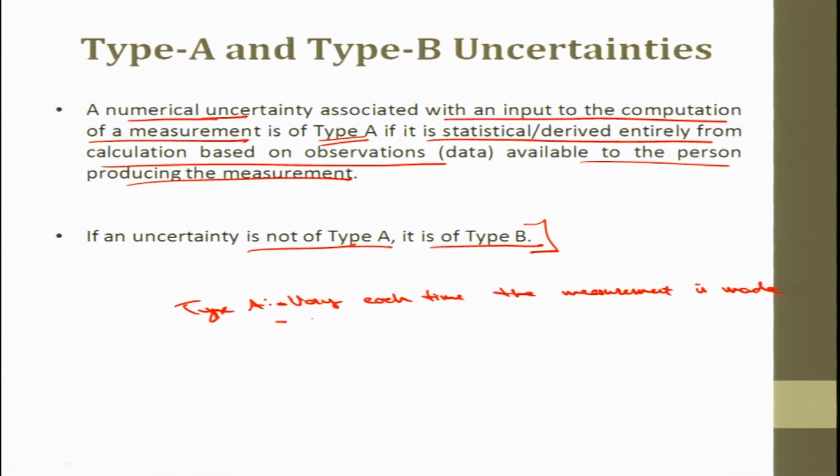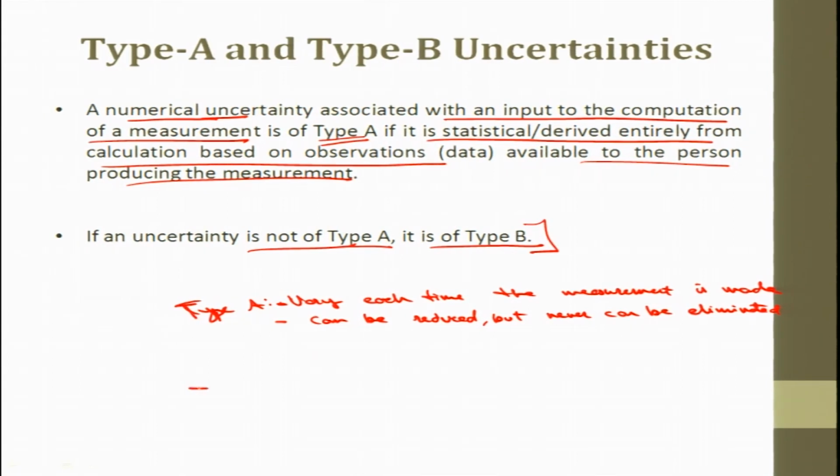So this can be reduced but can never be eliminated. That is why we use the word confidence intervals, because 100% confidence would never come in random kind of errors.